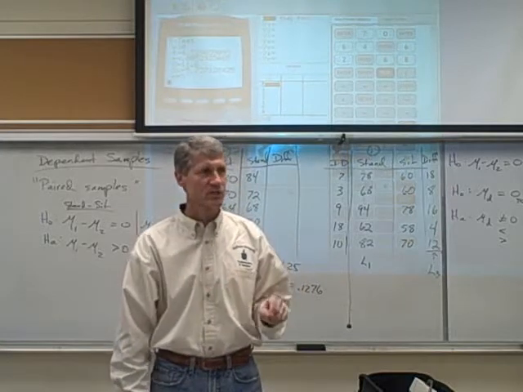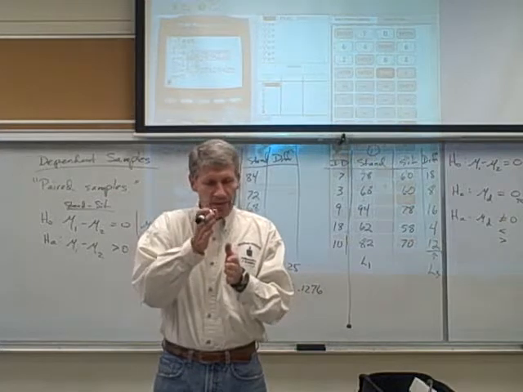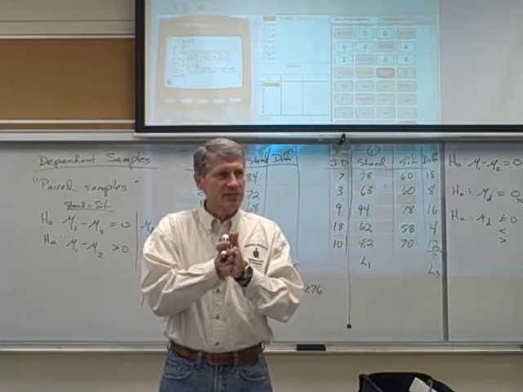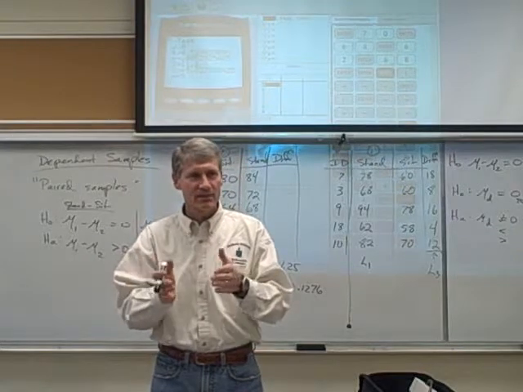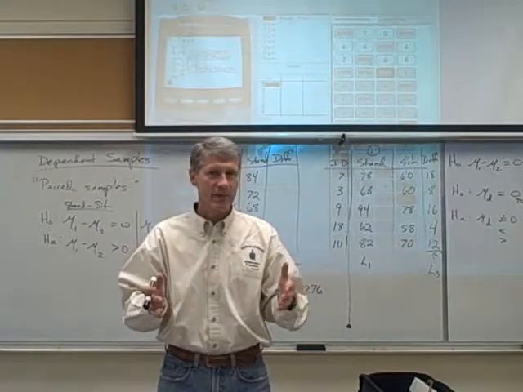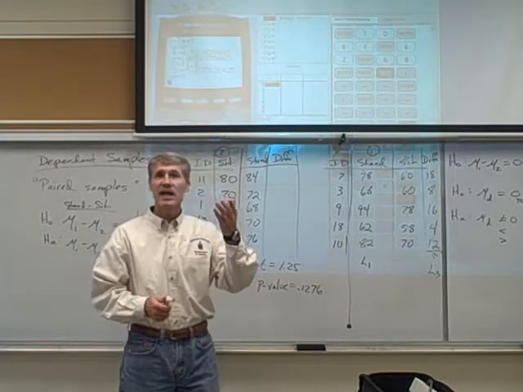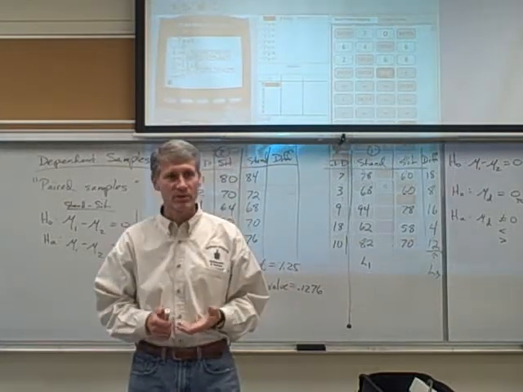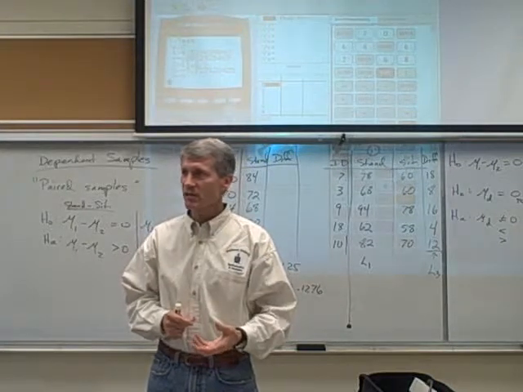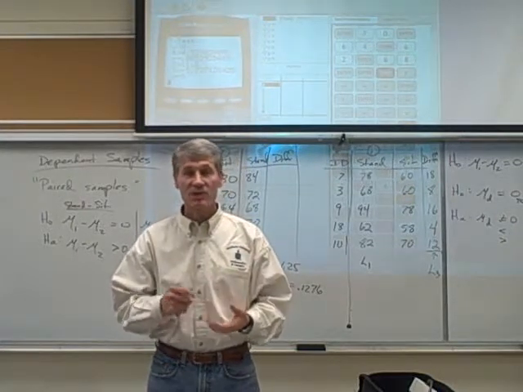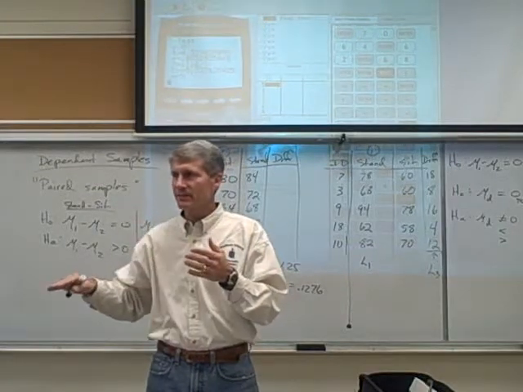You can't always use them, and we talked about this back in chapter 4. But if you are studying some kind of a treatment that changes the disease, then you can't use a crossover. Now that could be said to be true here. When I make you stand up and I check your pulse, and then I cross you over to the sitting group and I check your pulse, it's possible that the elevation in your heart rate isn't gone right away.